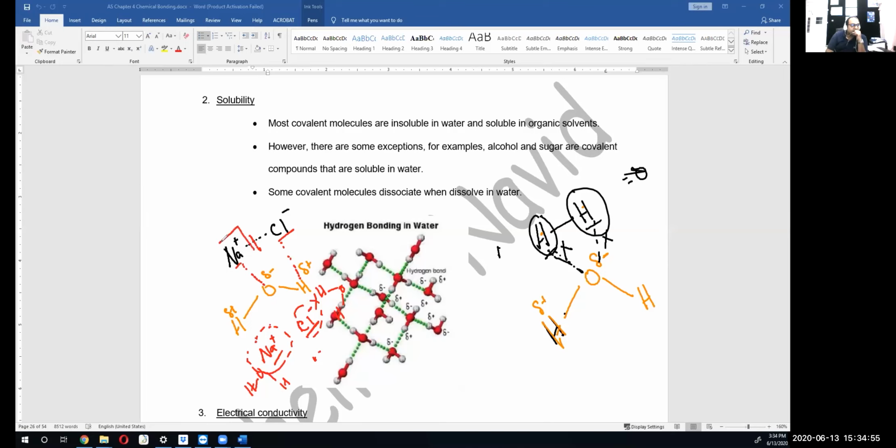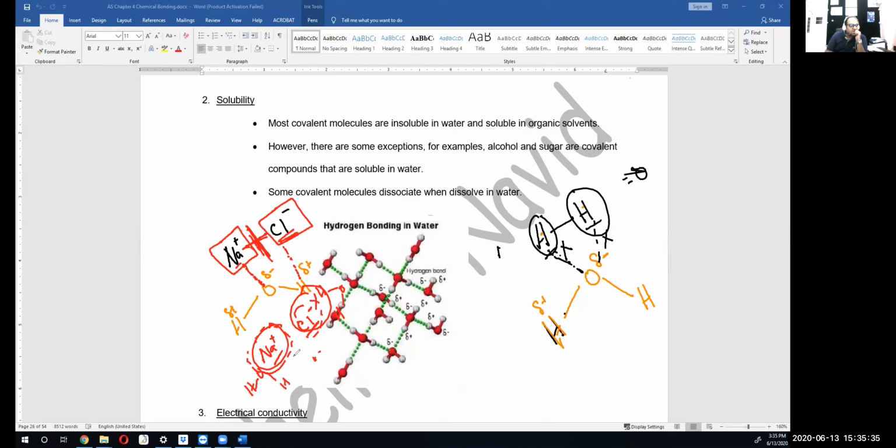Sodium is a positive ion. Chloride is a negative ion. The sodium positive ion is attracted to the negative ion, and the negative ion is attracted to the positive ion. Once this happens, the bond between sodium and chloride is broken down. As a result, the sodium ion and chloride ion are split.